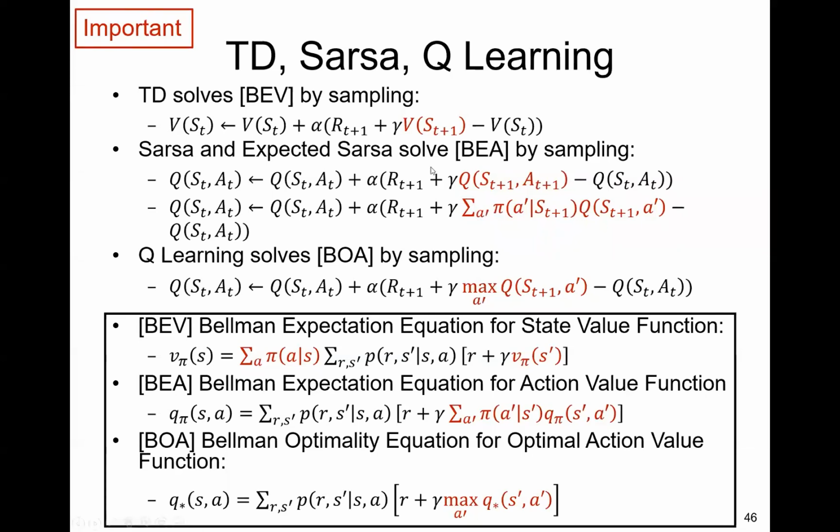But for Sarsa, if you remove the sum over A prime, then you are performing sampling-based evaluation of both the next state and the expectation over next action. So both are done by sampling. But for expected Sarsa, you're not evaluating the summation over A prime by sampling. You're only evaluating the summation over S prime by sampling.